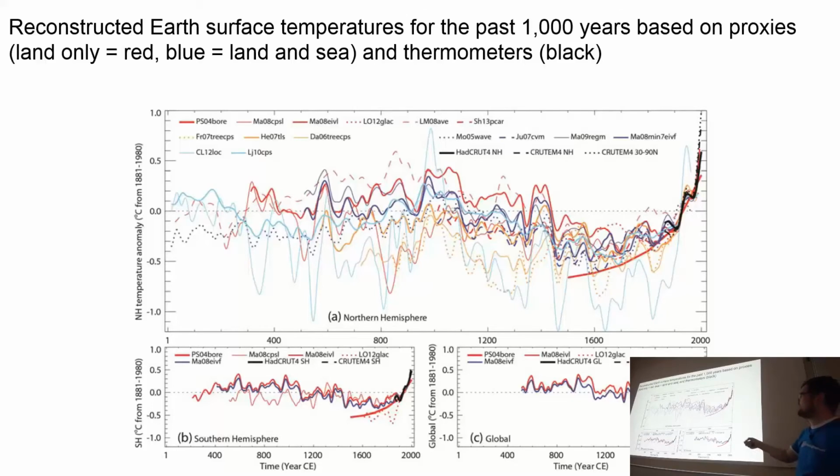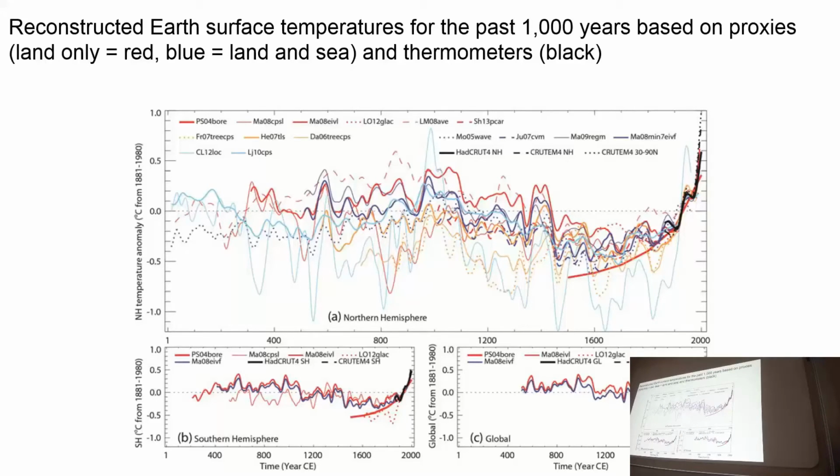And then the different colours are whether they include the tropics or just the high latitudes. The detail of that doesn't really matter because broadly all of the wiggles look the same, in that there might be some variability in climate throughout this period, but it stays within plus or minus maybe 0.5 degrees Celsius.